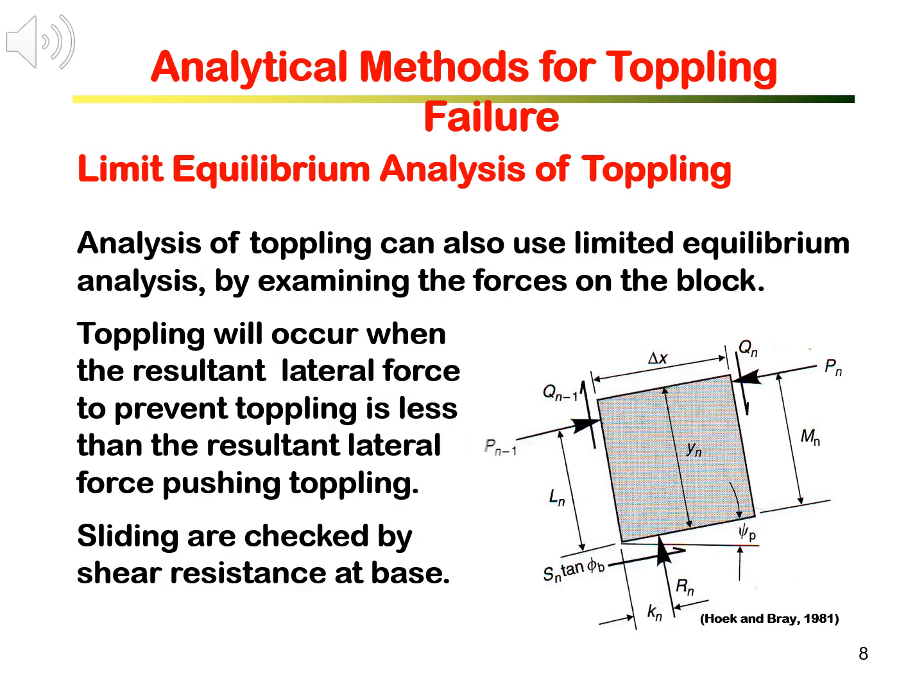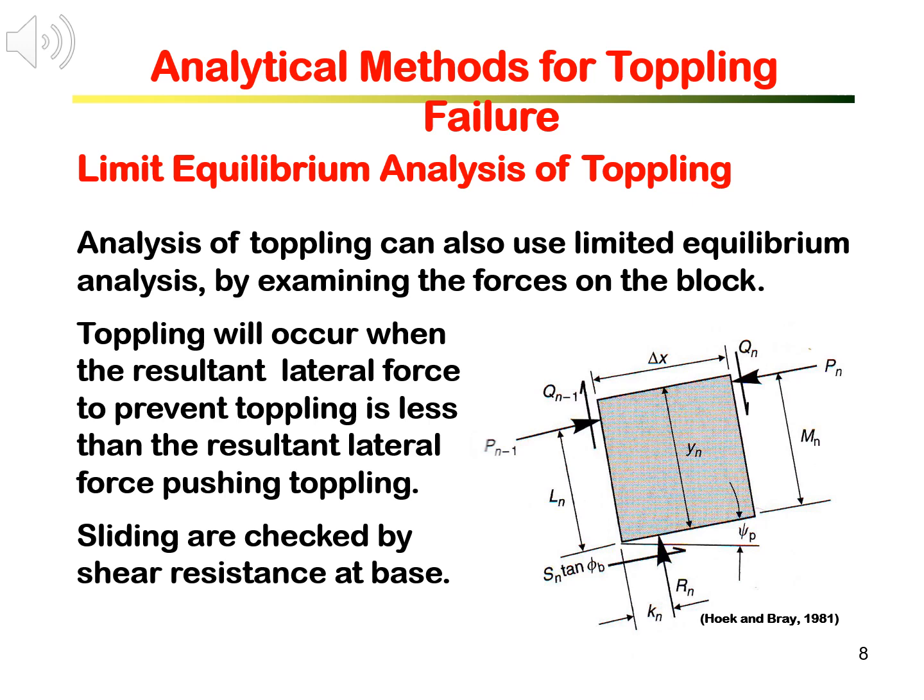Analysis of toppling failure can also use limit equilibrium analysis. Again, it is done by calculating the forces acting on the blocks and examining the equilibrium of the forces driving and preventing toppling of the rock blocks. A typical force diagram on a block subject to toppling is shown on the right.